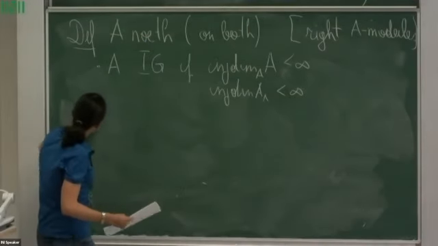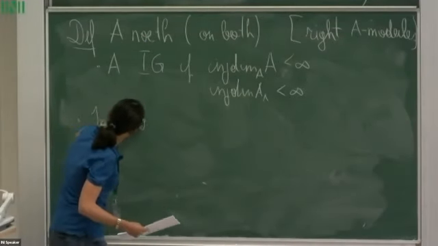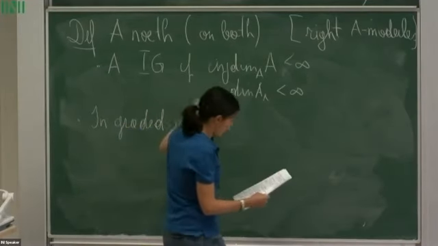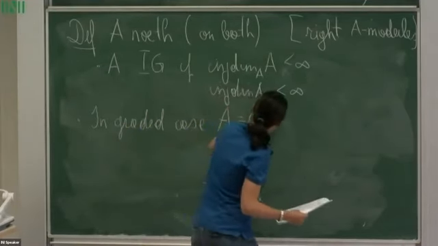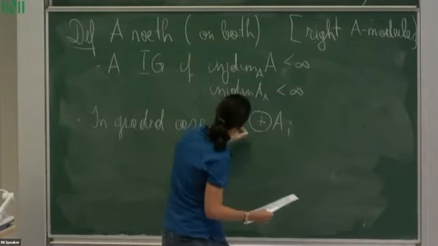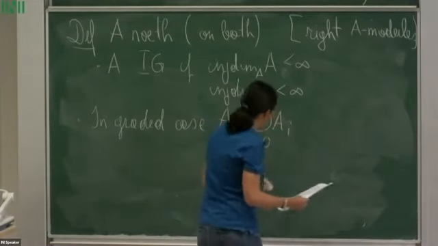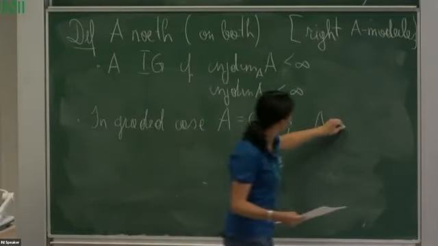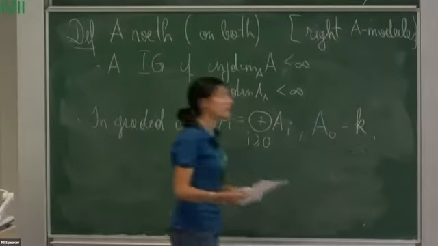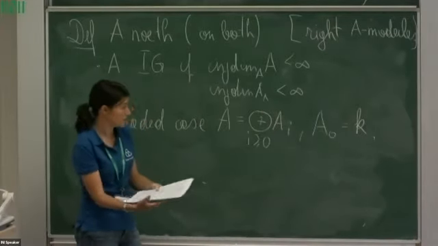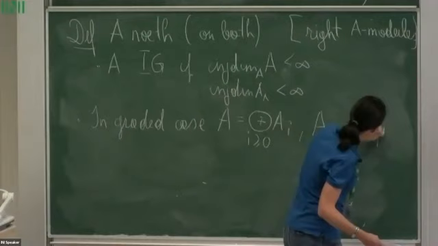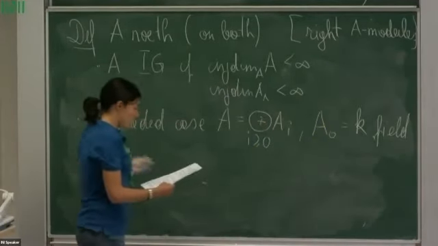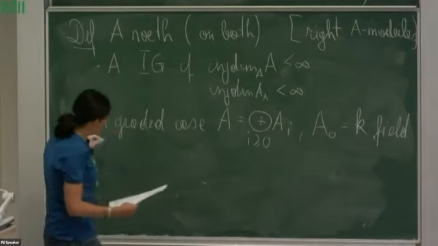So in the graded case, we have that A is positive. I'll always assume it's positively graded. And also a slightly technical annoying condition is that we need that the zeroth part is always a field. And then, what does Iwanaga Gorenstein mean?